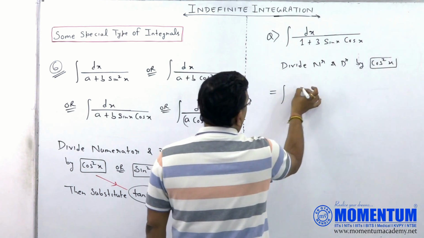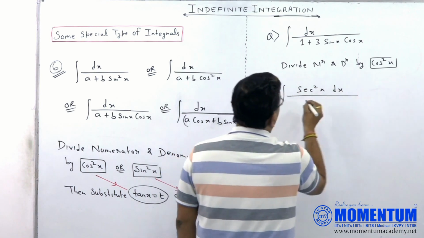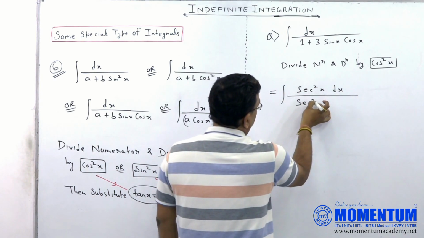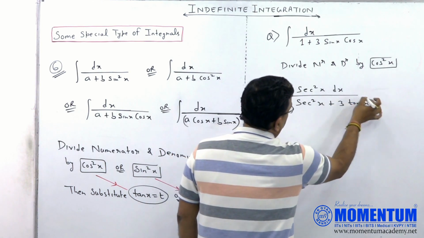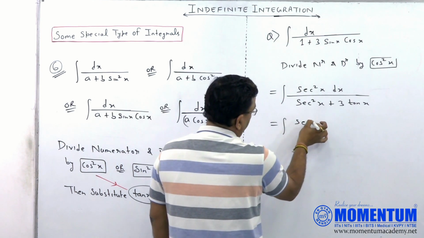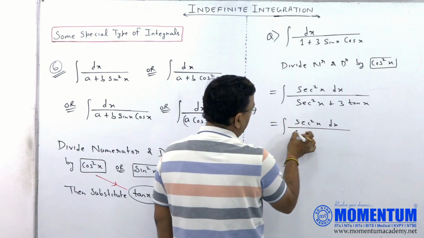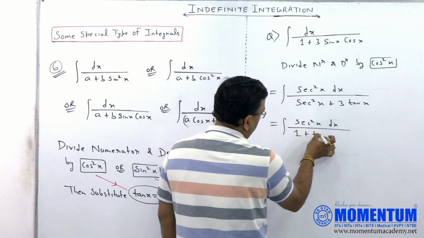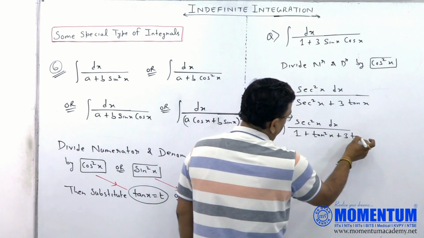So, numerator sec square x, denominator sec square x plus 3 tan x. Now, sec square x, denominator 1 plus tan square x plus 3 tan x.